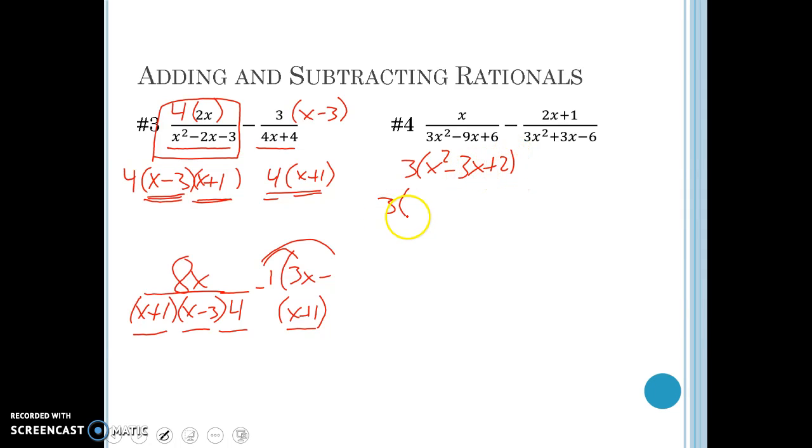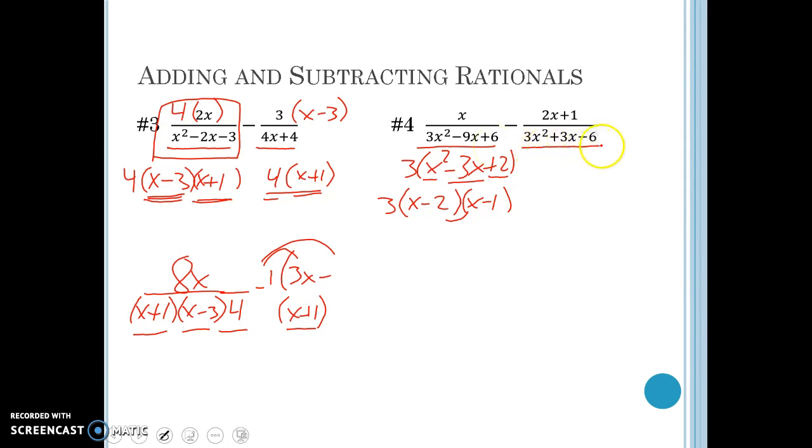Then I have the 3, but then I'll have x times x gives me the x squared. And it looks like if I go minus 2 and minus 1, negative 2 times negative 1 gives me positive 2, but negative 2x and a negative 1x gives me negative 3x. So the factors that make up this denominator are 3 times x minus 2 times x minus 1.